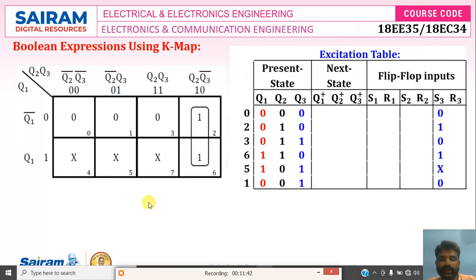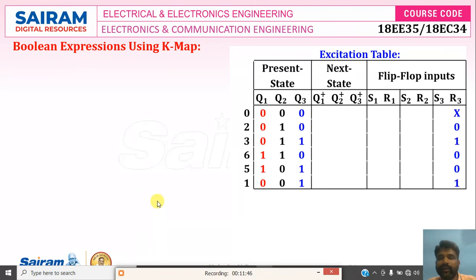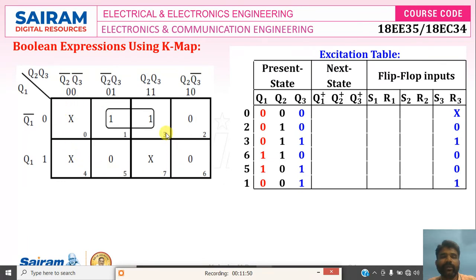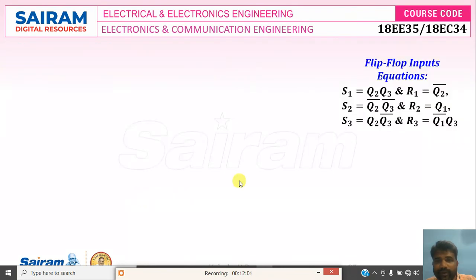So this is the expression. Similarly, for R3 column, this is the corresponding K map. Here one pair is possible. So the expression is Q1 bar Q3. Clear? So for these expressions, we write the logic diagram.